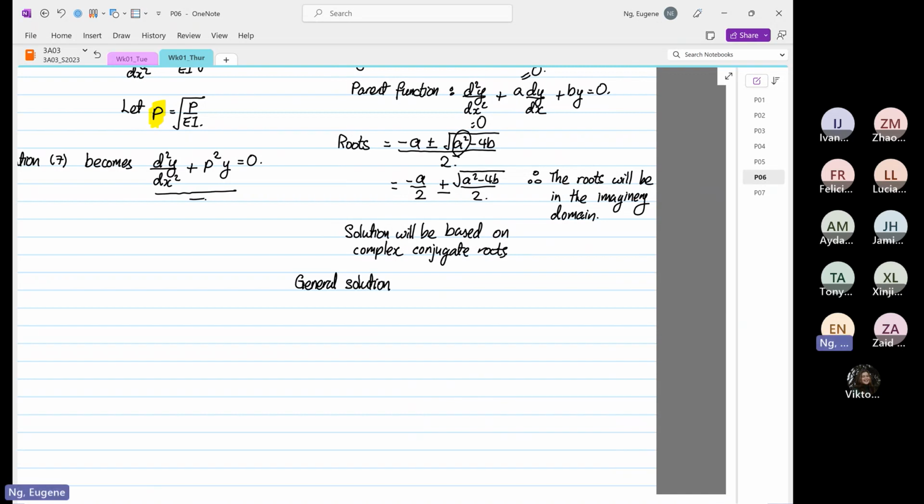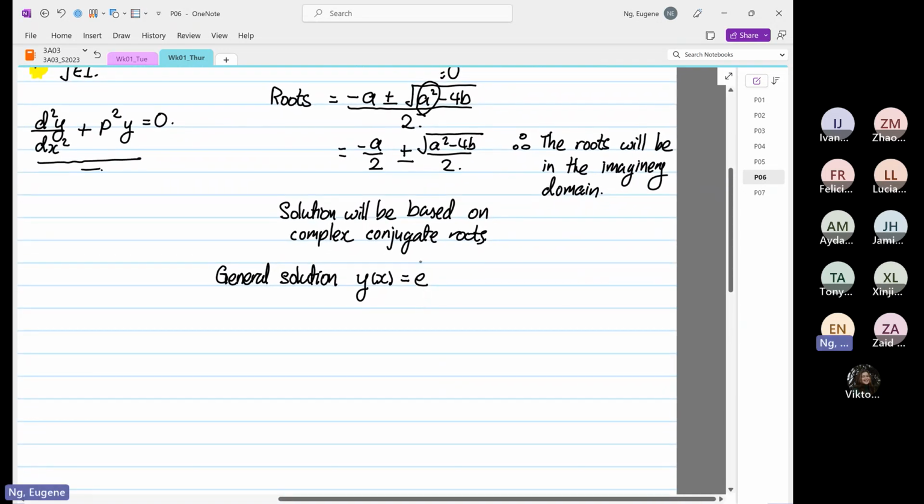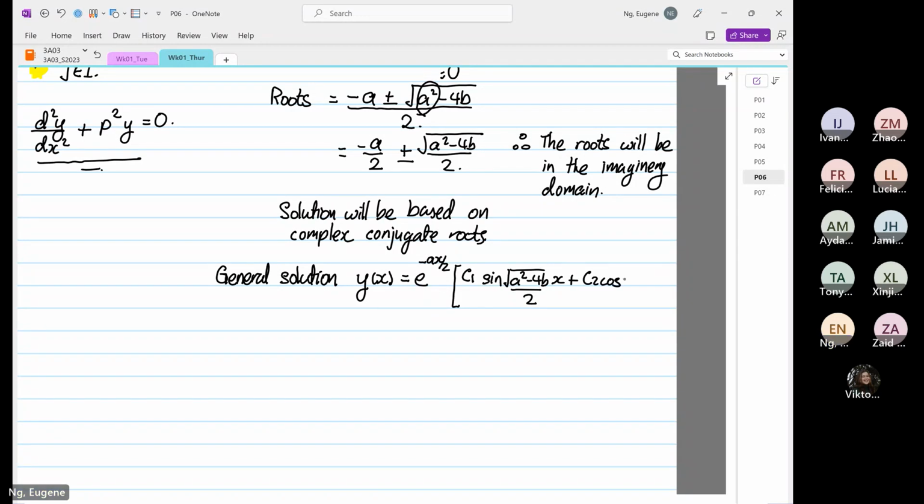We will have a general solution, and the general solution will be y as a function of x equals e to the power of minus ax over 2, bracket C1 sine of the square root of a squared minus 4b divided by 2, x, plus C2 cos of the square root of a squared minus 4b.